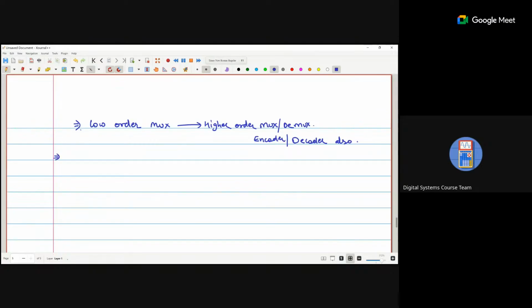Now in the next class we will discuss, if any Boolean expression is given, how we implement that Boolean expression using mux, demux or decoder. Okay, first thing we cover this one.